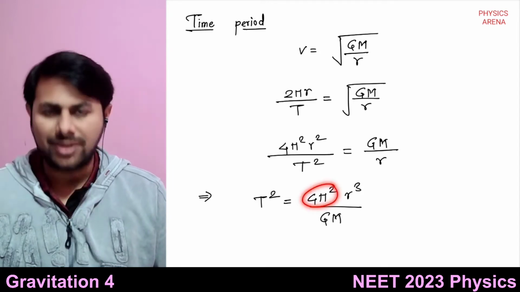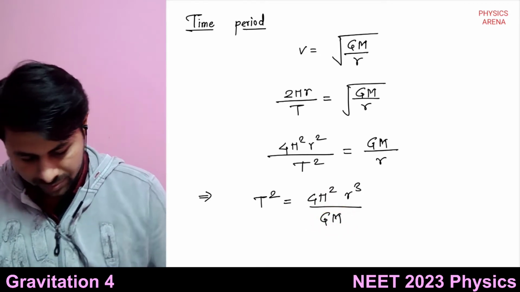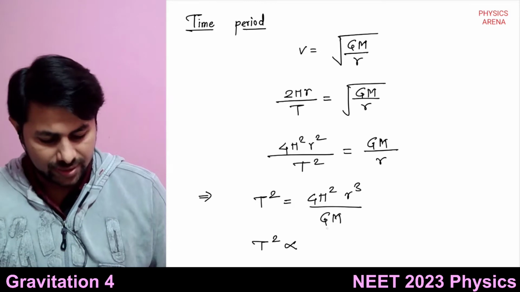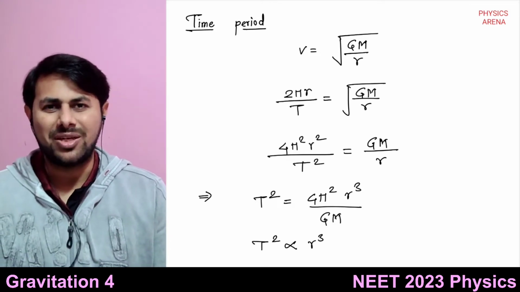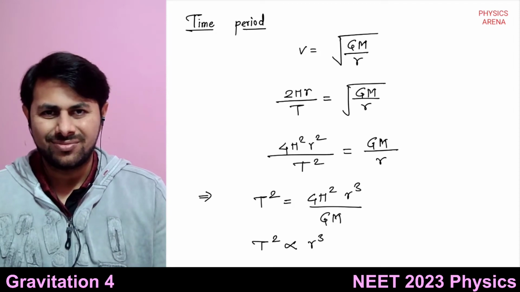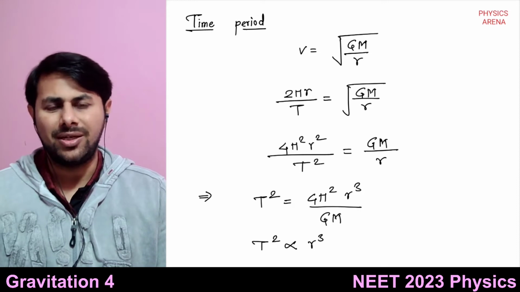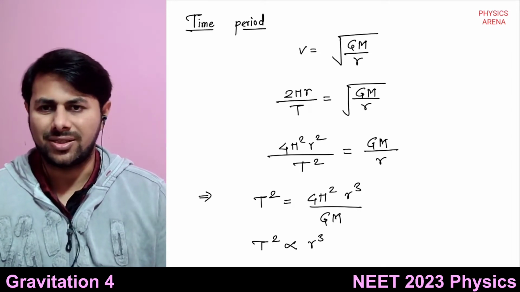Now 4 pi square is a constant, GM is constant, so therefore what we get is T square is directly proportional to r cube. Okay, so this is Kepler's third law, right? The square of the time period is directly proportional to the cube of the radius. The cube of the average distance, you can say.